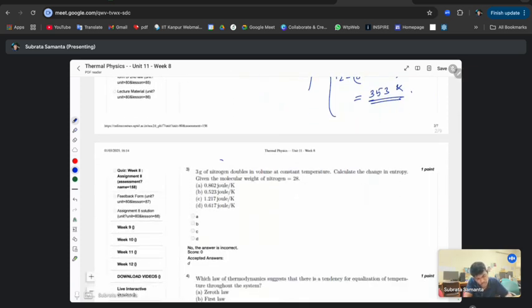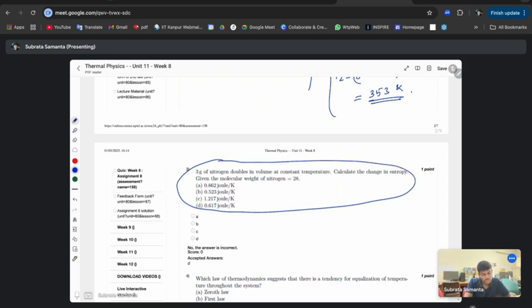So in the next question, 3 gram of nitrogen doubles in volume at constant temperature. So T is constant, okay, and the volume is double. Okay, 3 gram of nitrogen. Calculate the change in entropy given the molecular weight of nitrogen is 28.